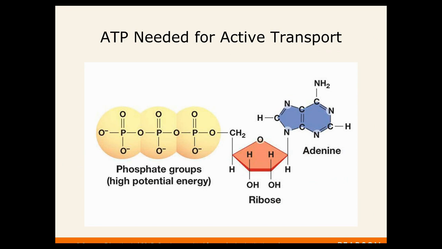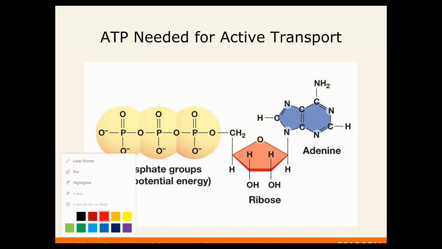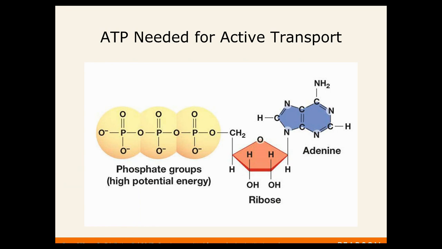All right, so active transport, I mentioned to you, what is needed is energy. And what we're going to be talking about is adenosine triphosphate, which is ATP, probably one of the most famous biochemical molecules, aside from perhaps glucose.